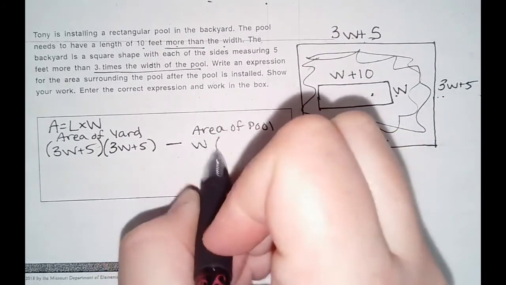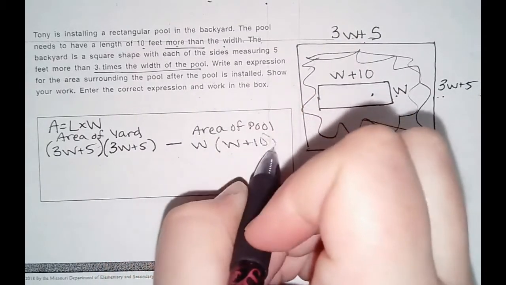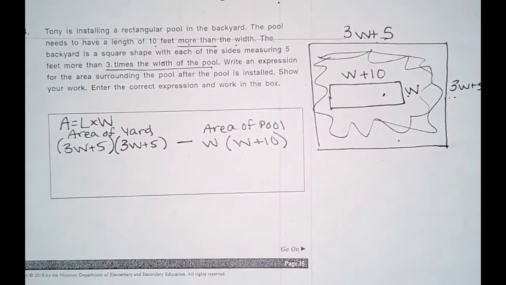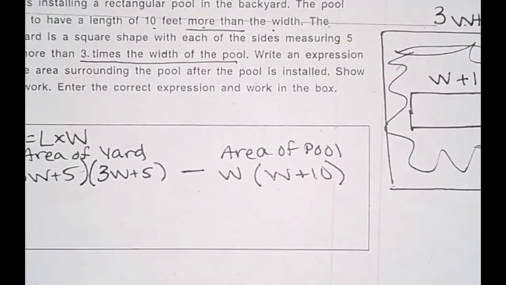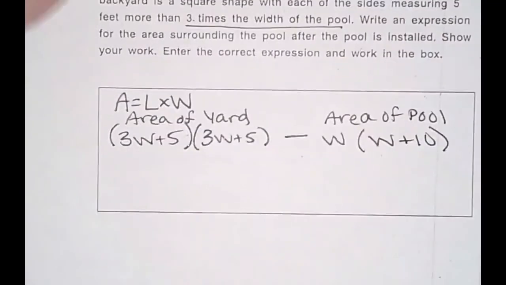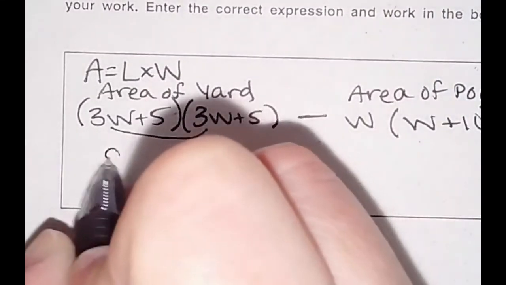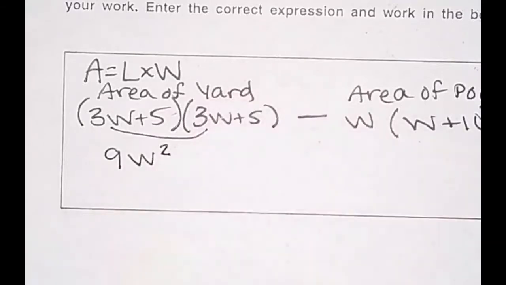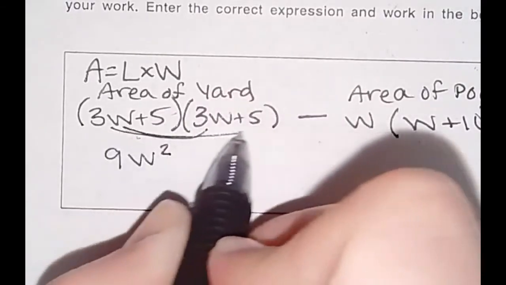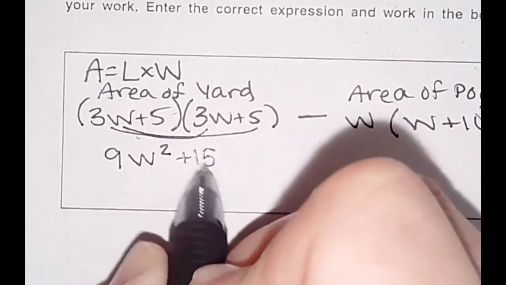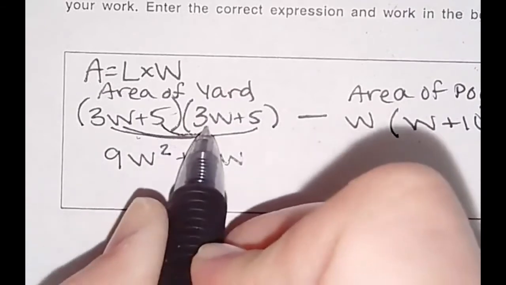All right, now let's start to simplify. On the left side, I'm going to do that first. 3W times 3W is 9W squared. 3W times 5 is plus 15W. 5 times 3W is plus 15W. And 5 times 5 is plus 25.